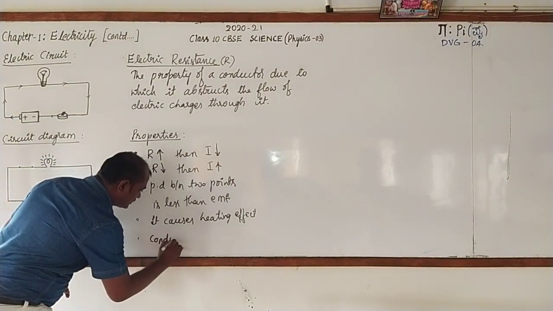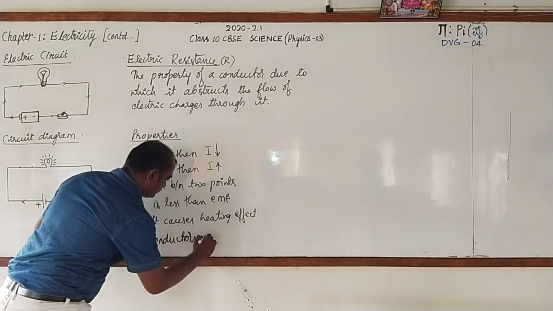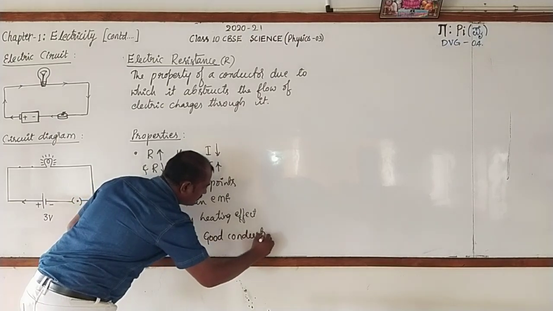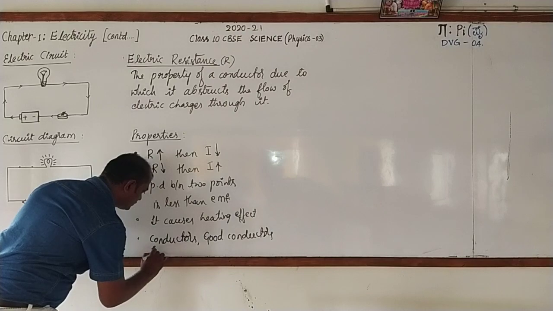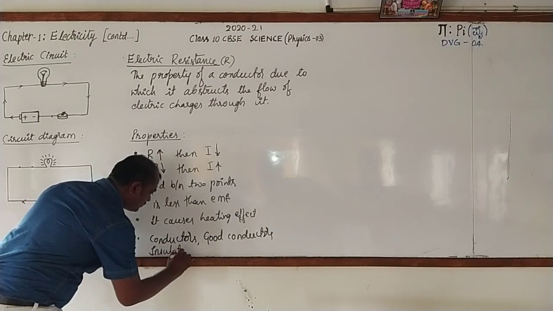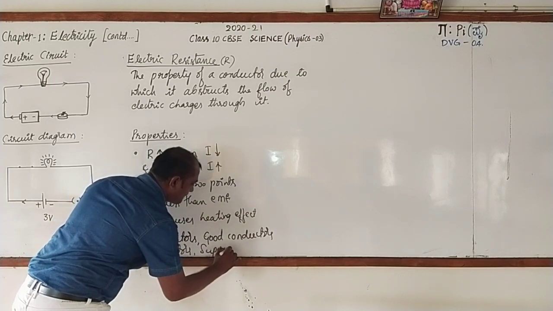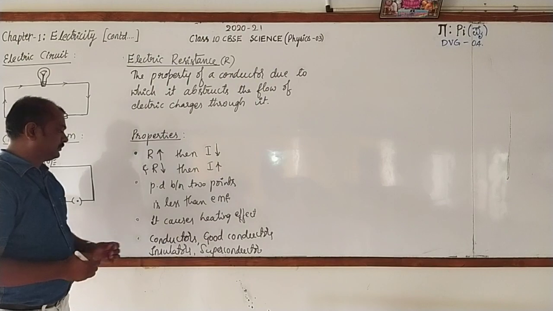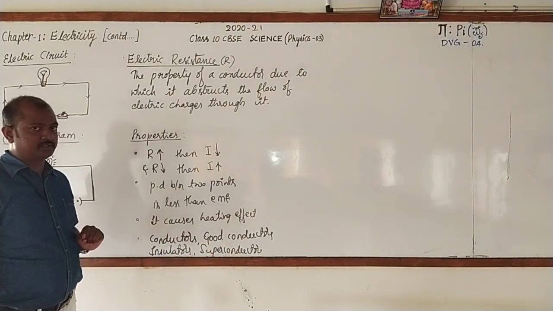So conductors, then good conductors, then bad conductors are insulators, then superconductors. So these are the different materials which can be defined based on the electric resistance.